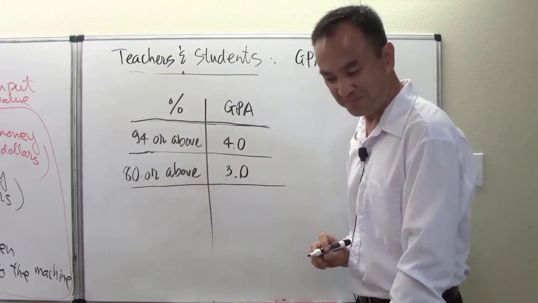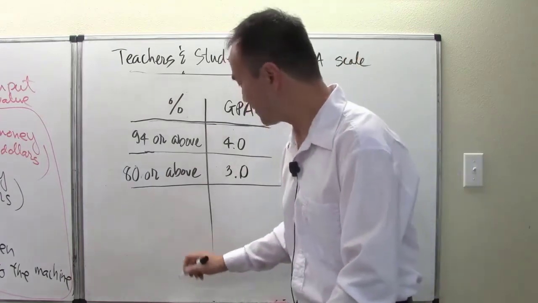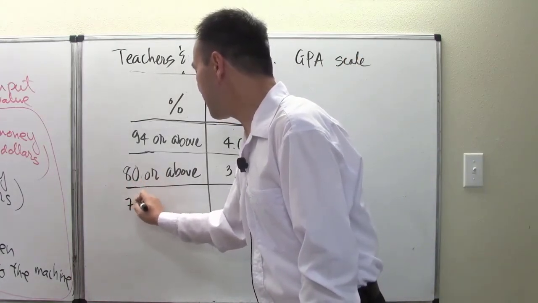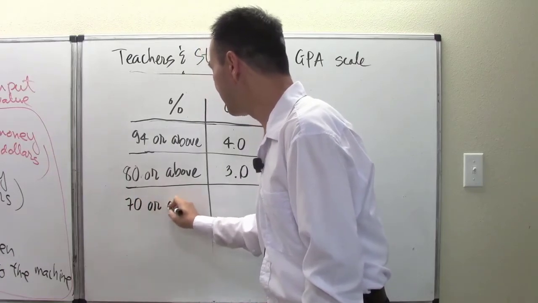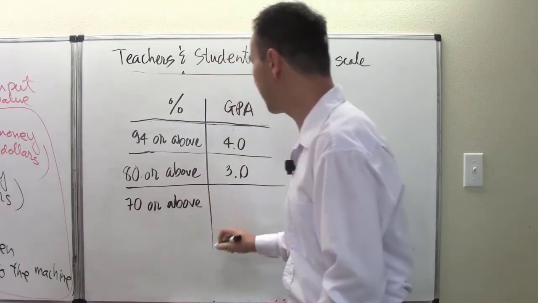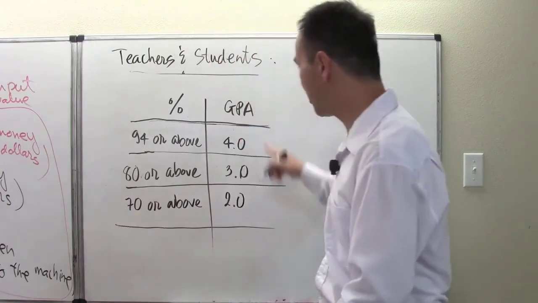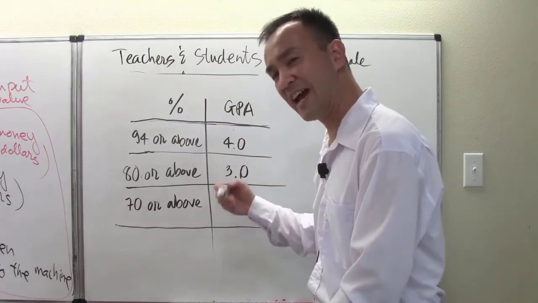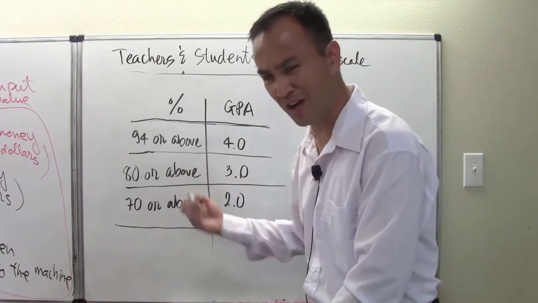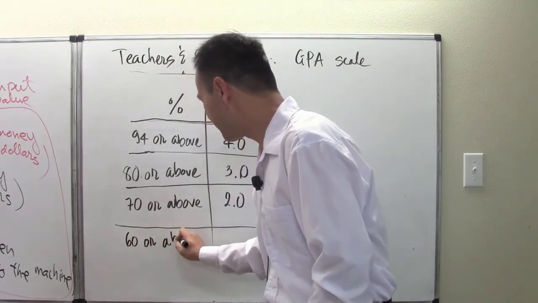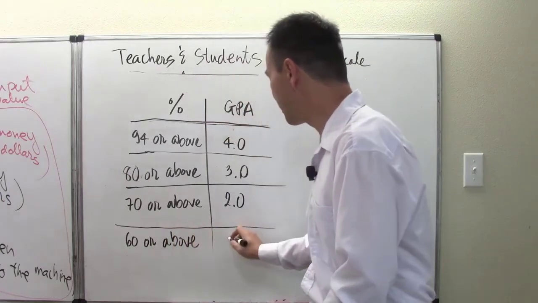Okay, and from there, 70% or above gives us a 2.0, the final GPA of the quarter, of the academic term, of the semester, whatsoever. And then 60 or above is a 1.0.